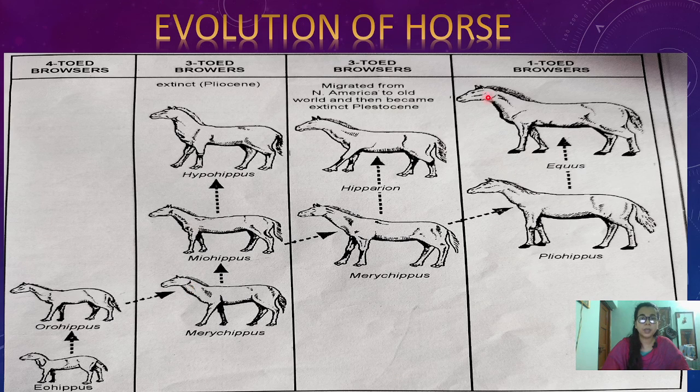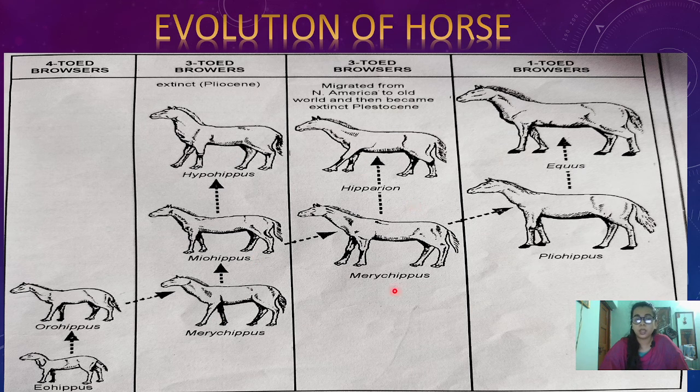So this is the summary of how the evolution of the horse took place. You can see the Eohippus, which looked like a dog, was four-toed. Then the three-toed ones are the Miocene horses, Mesohippus and Hypohippus. They are already extinct and are not found nowadays.